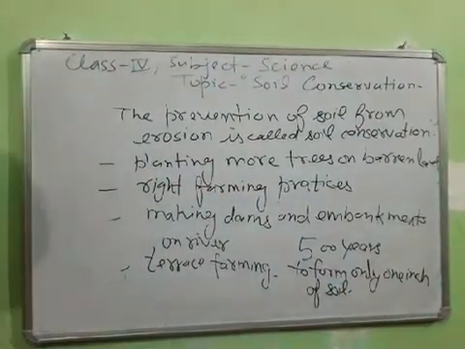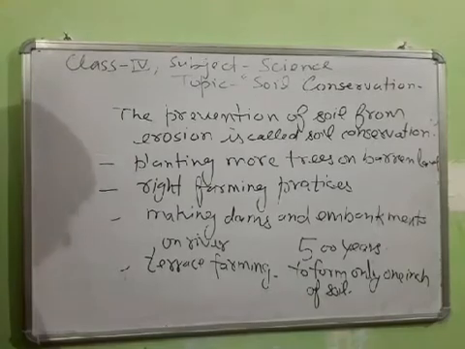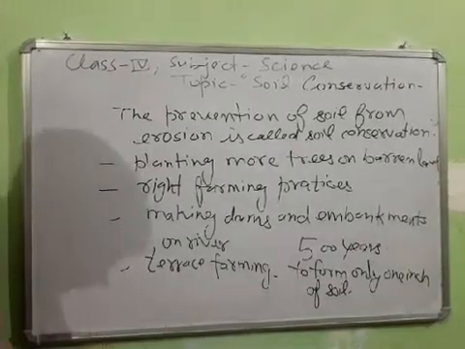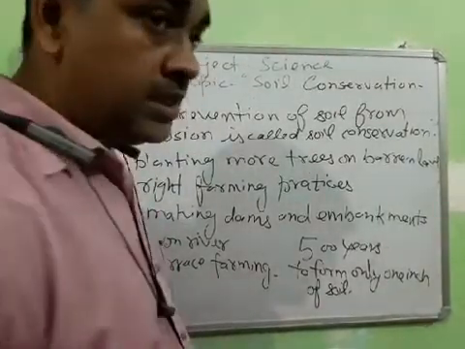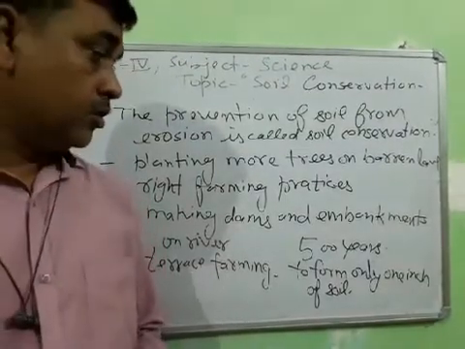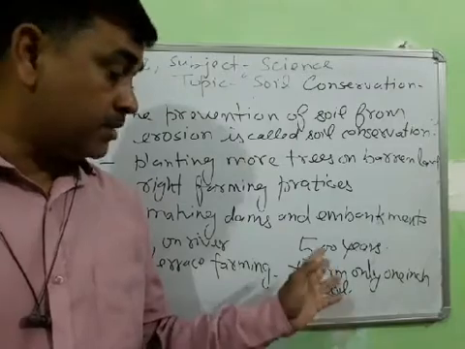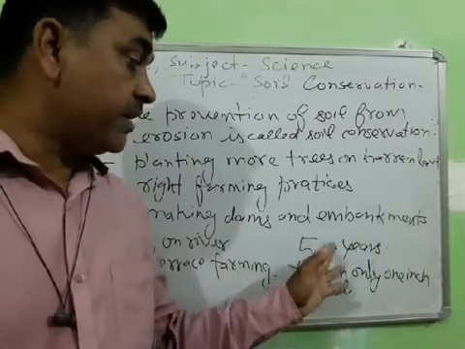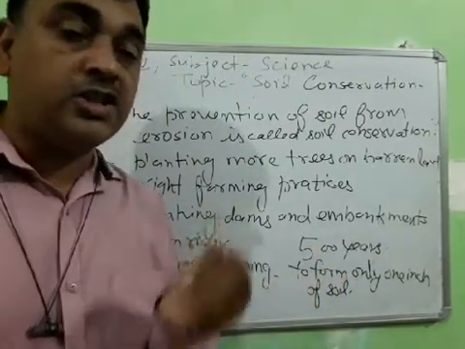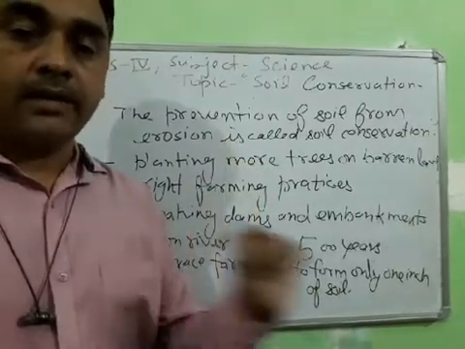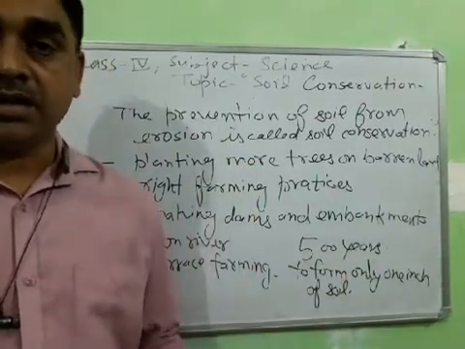Only 1 inch of soil. Soil must be prevented from being eroded. So it is very necessary to control soil erosion, because it takes 500 years to form only 1 inch of soil on the earth's surface.